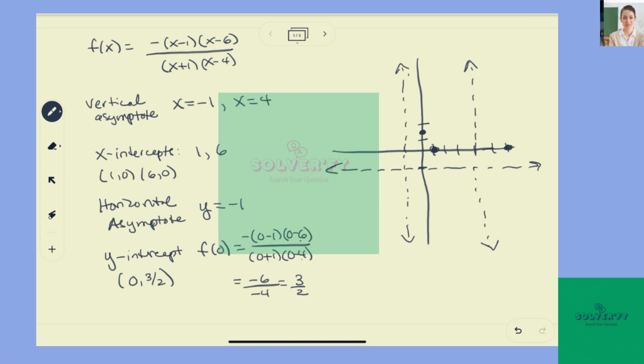So now my graph is going to be here. It's going to cross, and then it's going to be approaching that asymptote. Asymptote here, and that's going to cross.